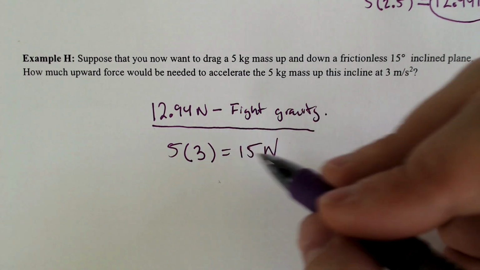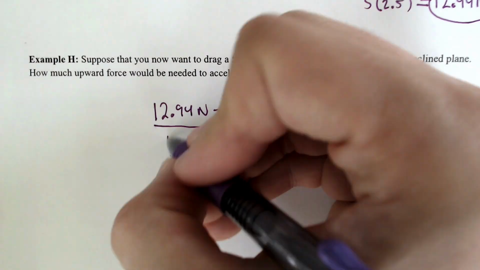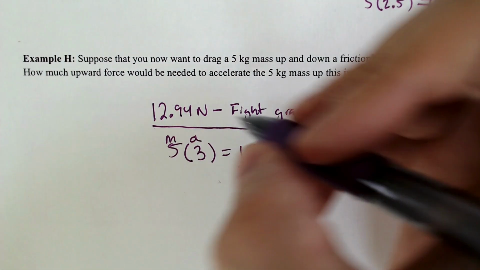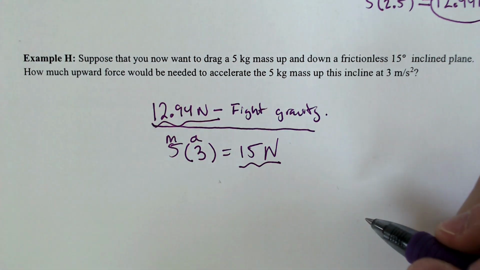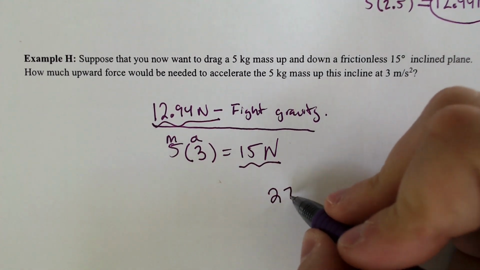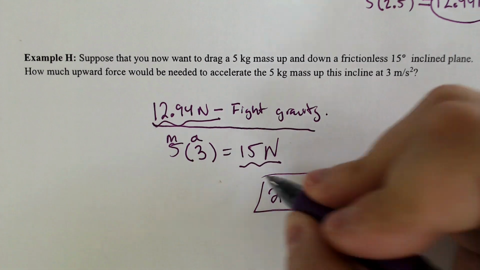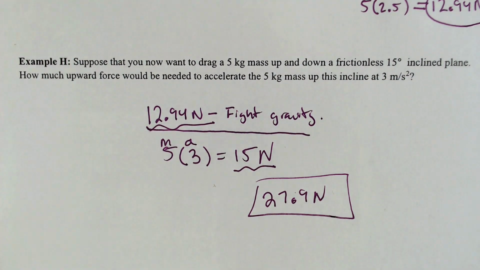Mass times acceleration, and we would have to combine this 15 and this 12.94. When we combine those, we get 27.9 newtons as a combined force to get that all the way up and accelerating to 3 meters per second squared. You would have to hit it really hard, so to speak, to get that to happen.